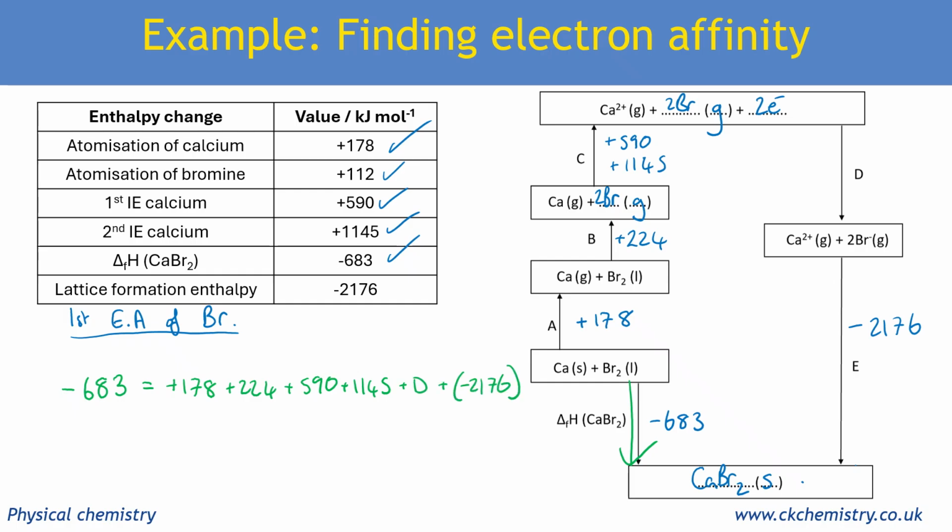You don't really need the brackets, but I just like to show that we're just adding all these numbers, and if they're negative, we're still adding them, because it's still going all the way around, following the arrows from one thing to another. I haven't changed the direction of any arrows.